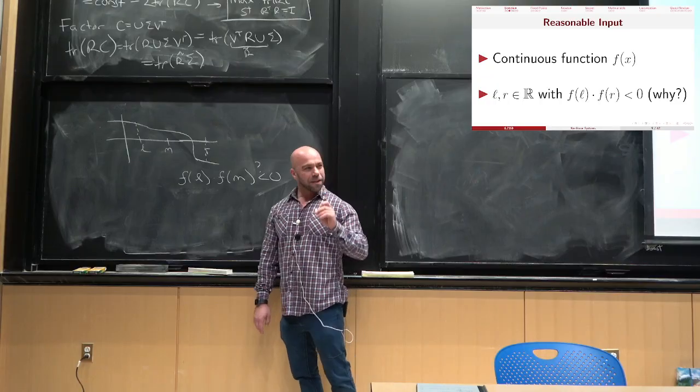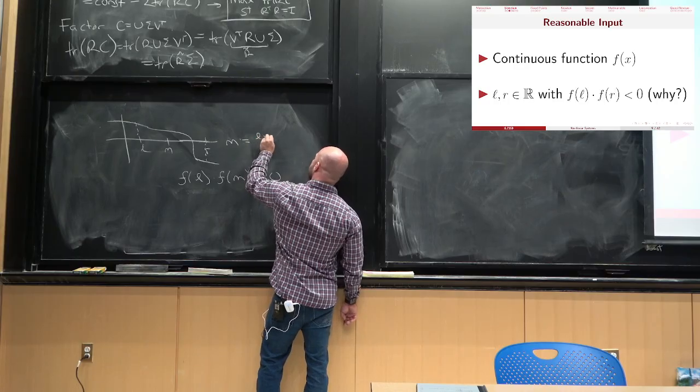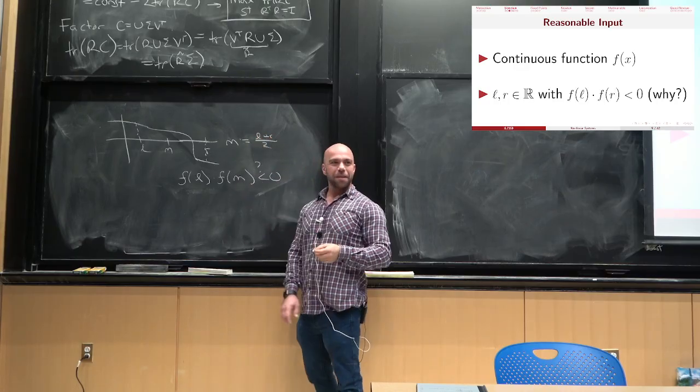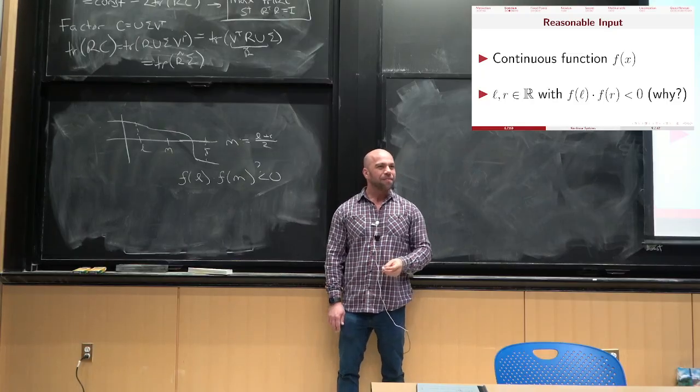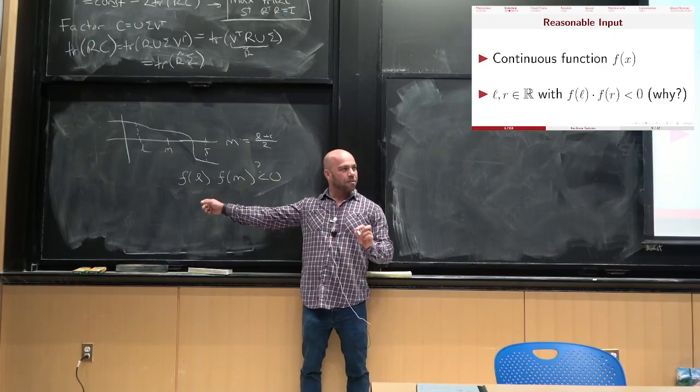So I think our intuition's right. Maybe we take M to be L plus R divided by 2. It doesn't have to be that point, but that feels like a pretty sensible choice. Okay, and we look at this product. Our colleague's absolutely right. We multiply those two things together.